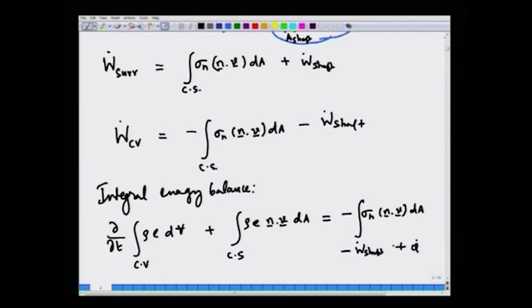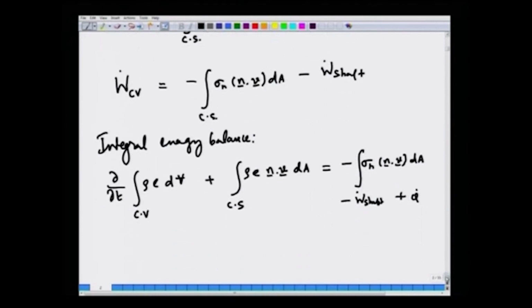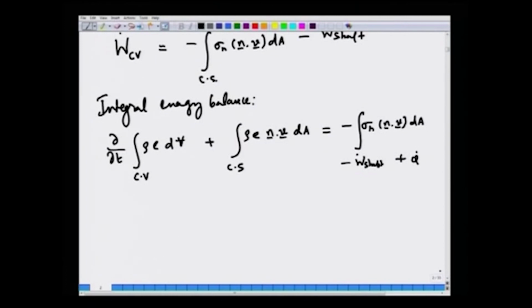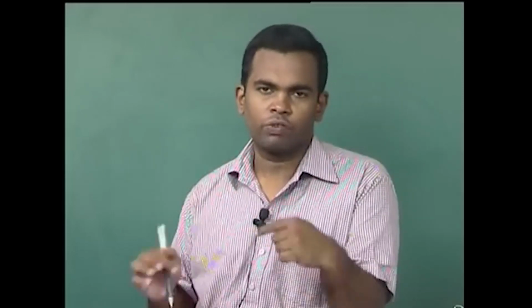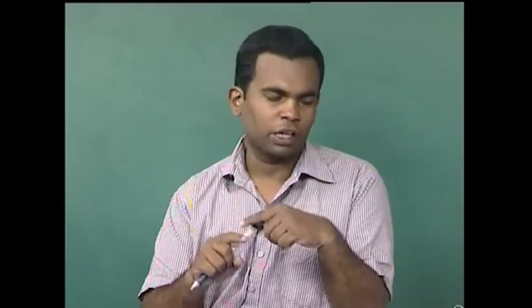This is the simplification we get after using the fact that the rate at which work is done by shear stresses is 0 on the internal areas, as well as the fact that shear stresses cannot do work at the inlet and exit as long as you choose the control surface perpendicular to the inlet velocity vector, so that the velocity vector and shear stress vector are perpendicular to each other.